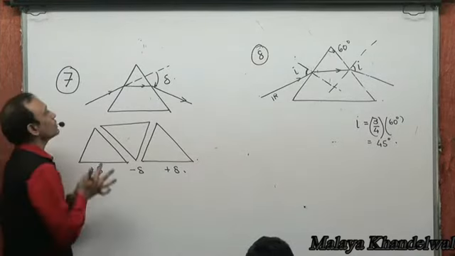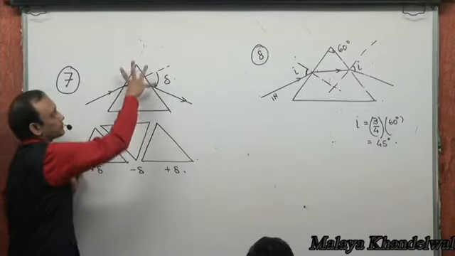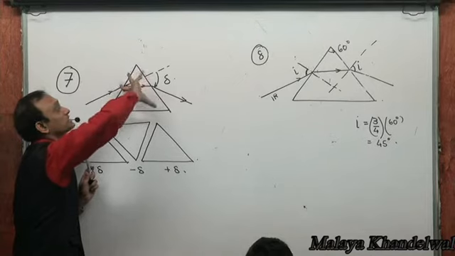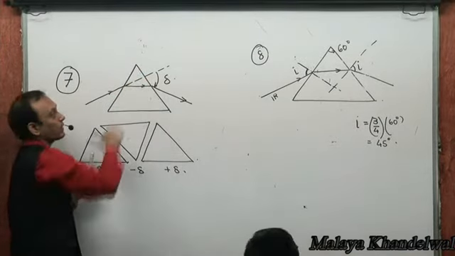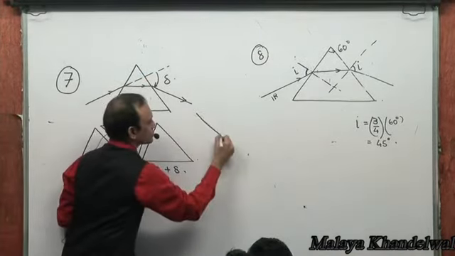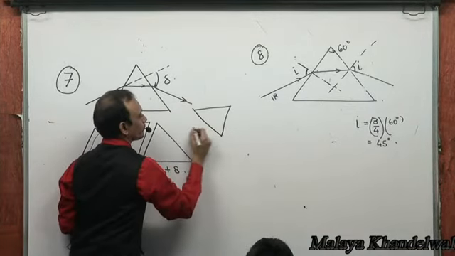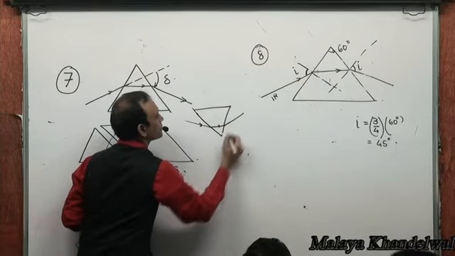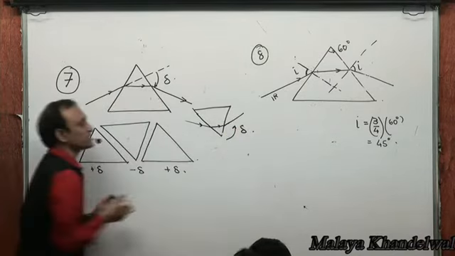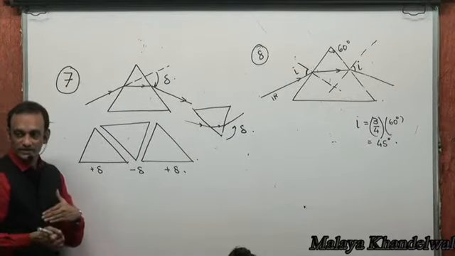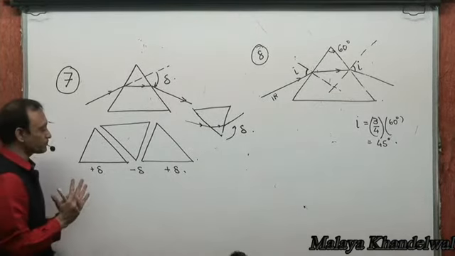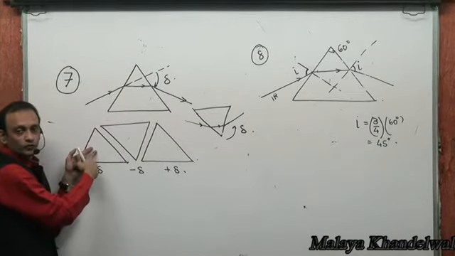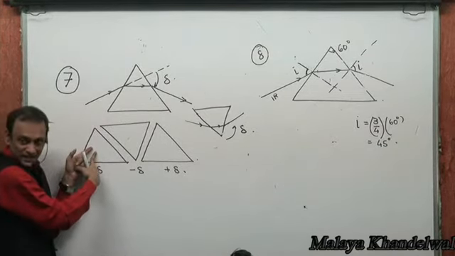This prism, oriented this way, would produce a minimum deviation delta clockwise. But if it were oriented like this, then it would produce delta anti-clockwise. So it is based on the orientation. If I have 3 identical prisms, one would produce delta clockwise, so plus delta.